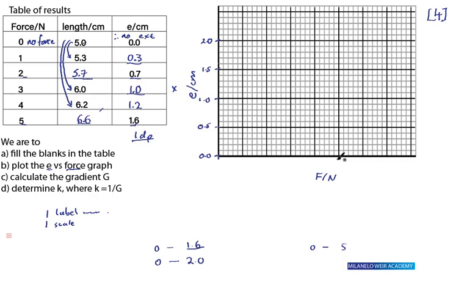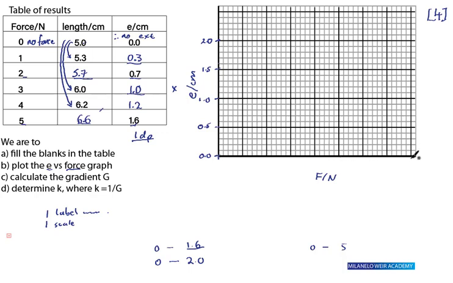Can it be better than this? If this is 0, 1, 2, 3, 4, this will be out. So let's try just one square: 0, 1, 2, 3, 4, 5. Let me count the boxes: 1, 2, 3, 4, 5, 6, 7, 8.